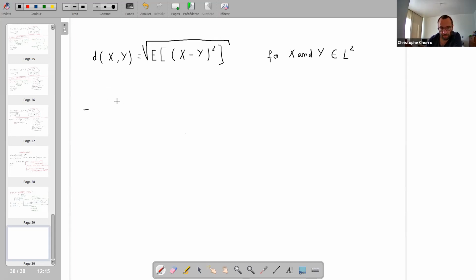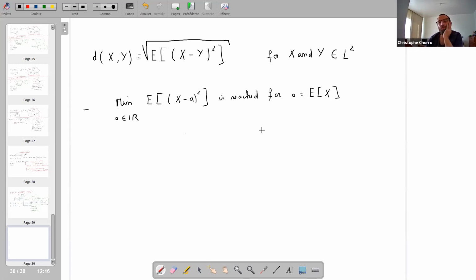Keep in mind that we have proved together that the minimum for a belonging to R of the expectation of (x minus a) squared is reached for a equal to the expectation of x.